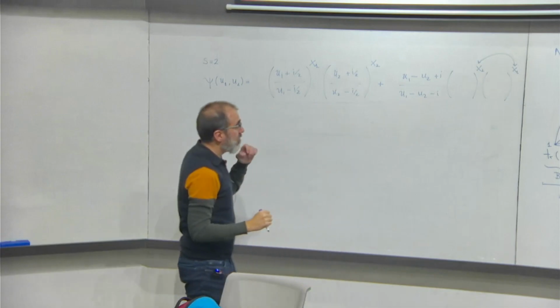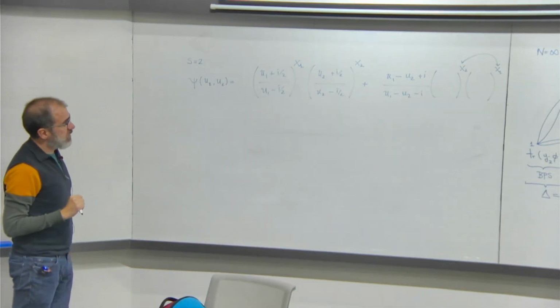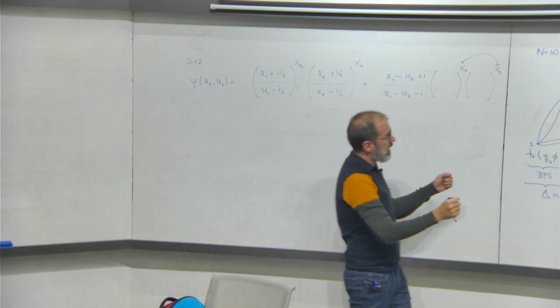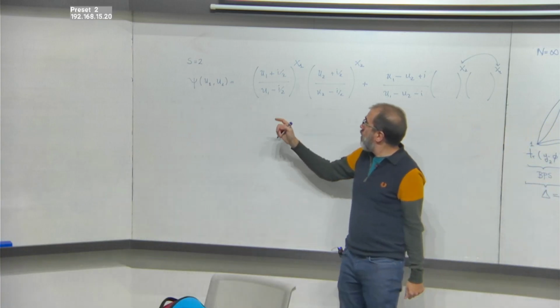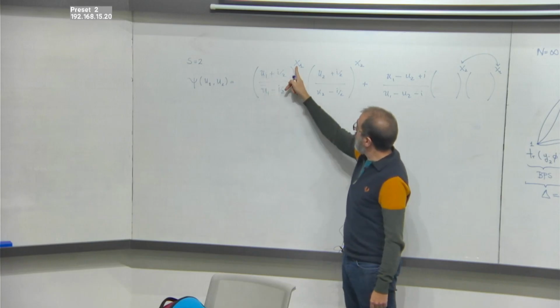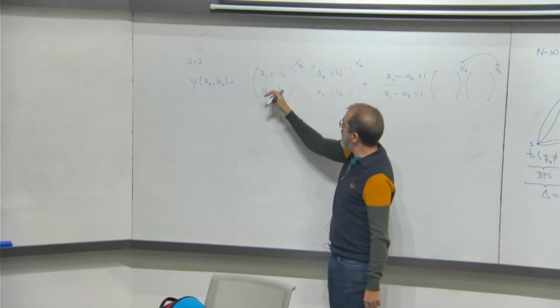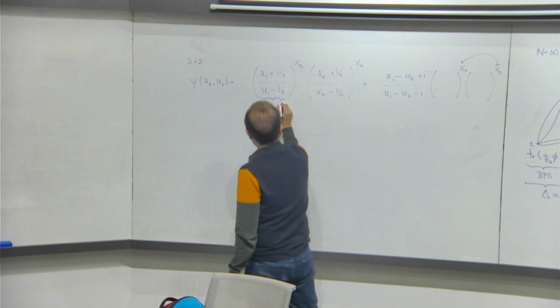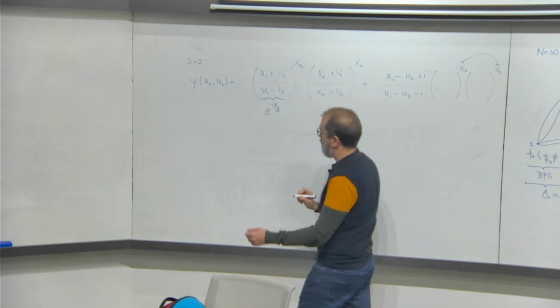Okay. And so what is the interpretation of this wave function? I have two excitations that are moving on the chain, one raised to the power x1, one to the power x2. So this combination here, I can think of it as the momentum of one of the excitations.